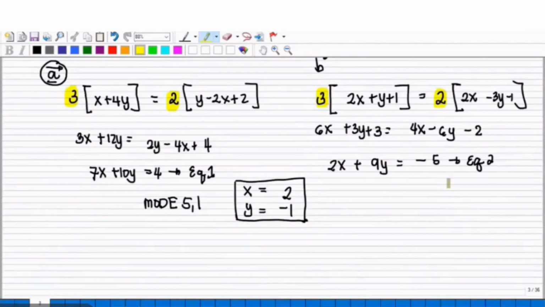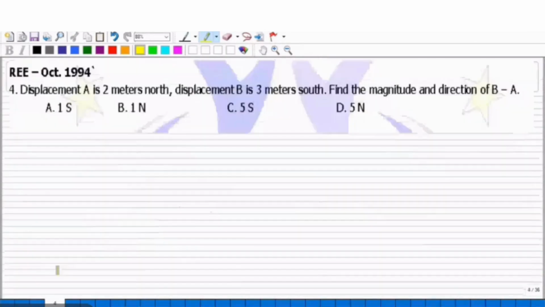Okay, let's have number 4. Displacement A. Okay, so take note when we say displacement, that's a length with direction. Okay, or may reference ka. Okay, displacement A is 2 meters north. Okay, from the reference point, ito yung reference natin.